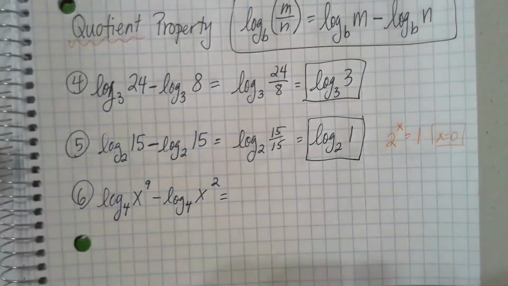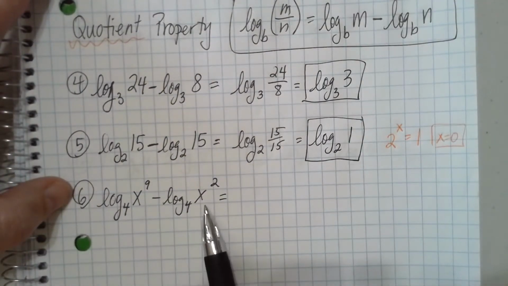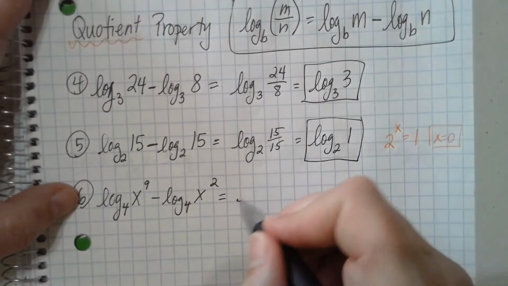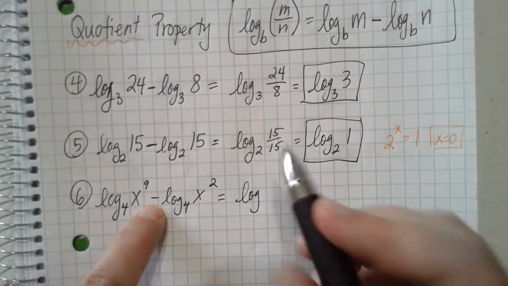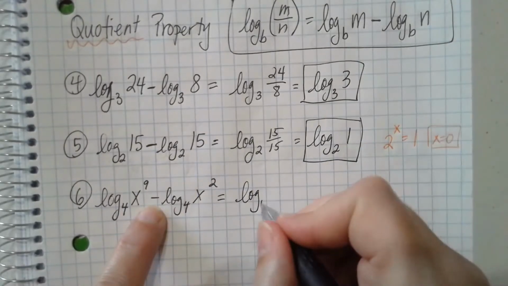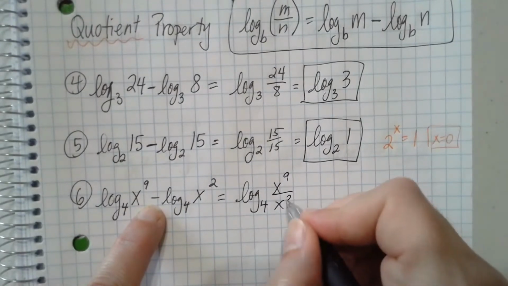Okay, last one. For this section, log base 4 of x to the 9th minus log base 4 of x squared. So we've got the same bases, we've got 4's there. I see that subtraction sign, so what am I going to do with my x values? We're going to divide them.